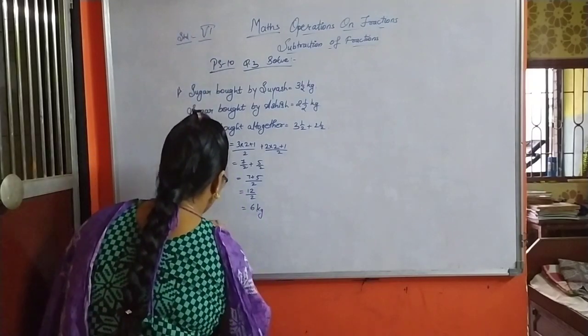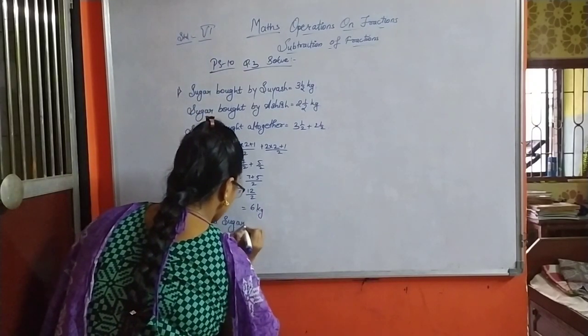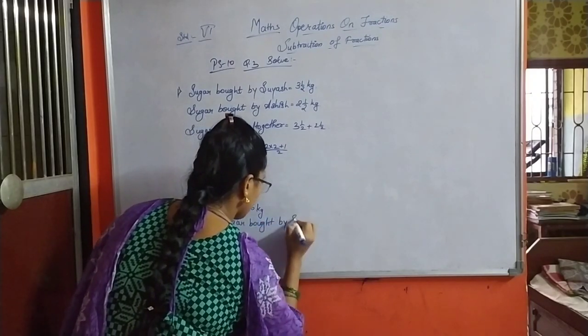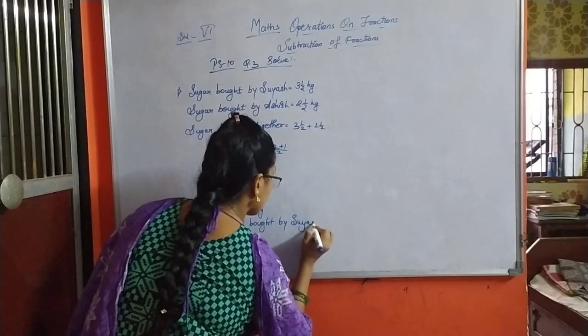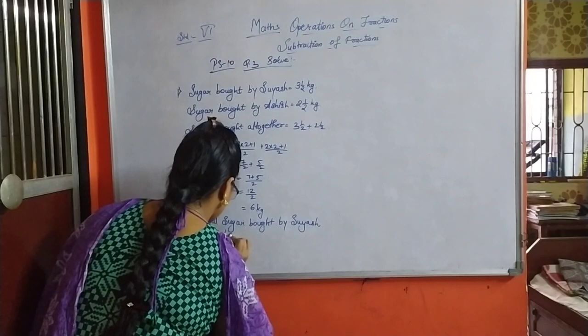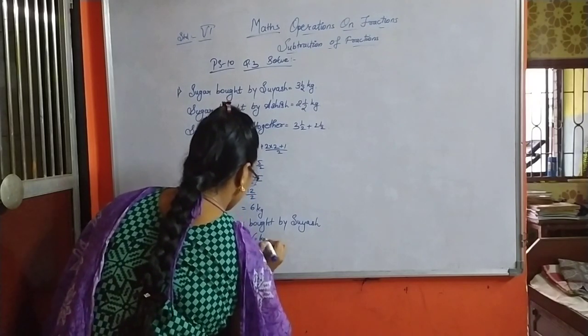So total sugar bought by Suyash and Ashish is 6 kilogram.